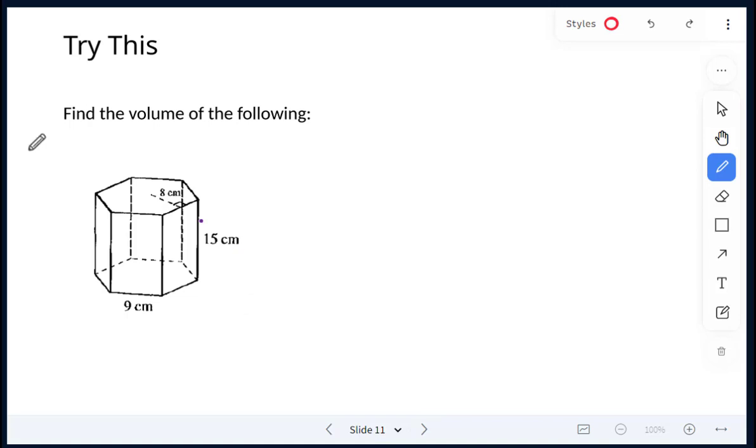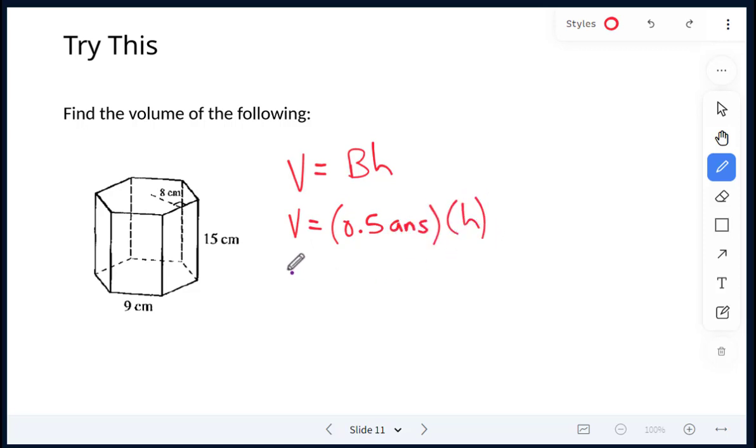All right, I'll give you guys this one to try. Okay, so volume, area of the base times height, 0.5 A and S times the height. So we have 0.5. The apothem here is 8 centimeters. Number of sides here is 6.